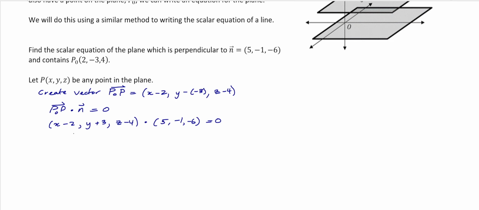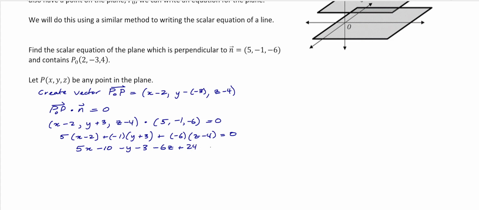Proceeding with the dot product algorithm, 5 times (x minus 2) plus -1 times (y plus 3) plus -6 times (z minus 4) is equal to 0. I'm going to go ahead and expand this out. 5x minus 10 minus y minus 3 minus 6z plus 24 is equal to 0.